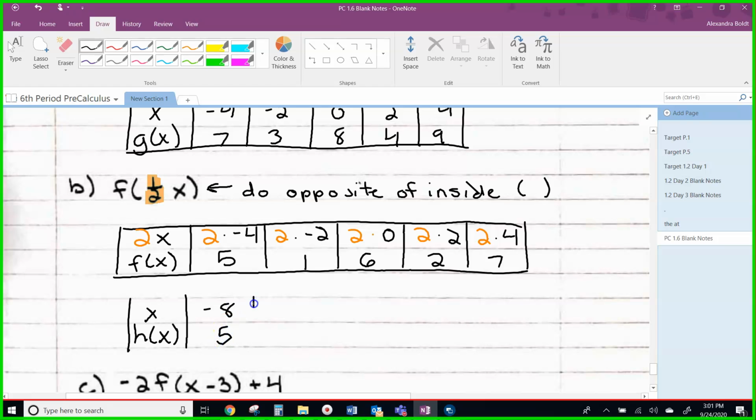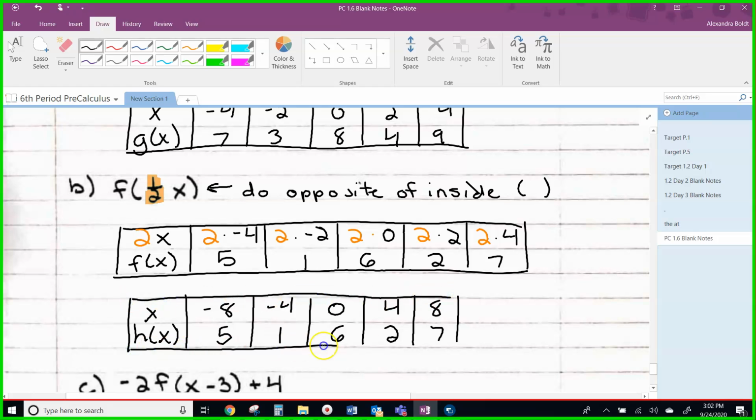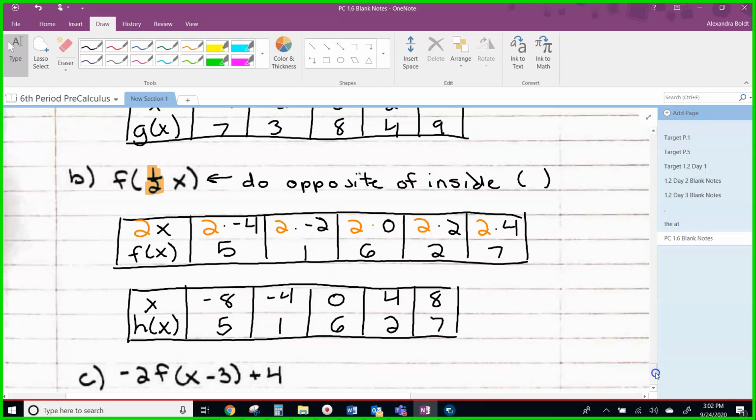And I get -4 and 1. 2 times 0 is 0 and 6. 2 times 2 is 4 and 2. And 2 times 4 is 8 and 7. So there is the table representing my new function.